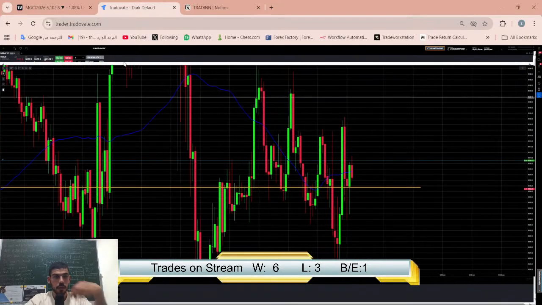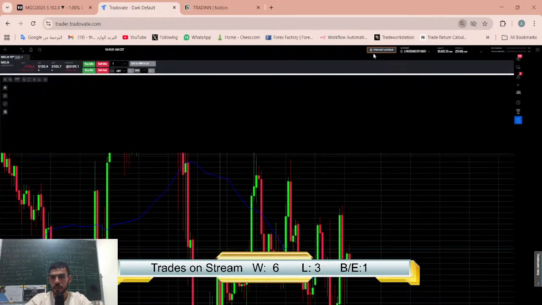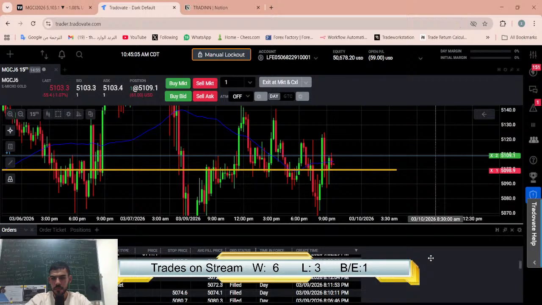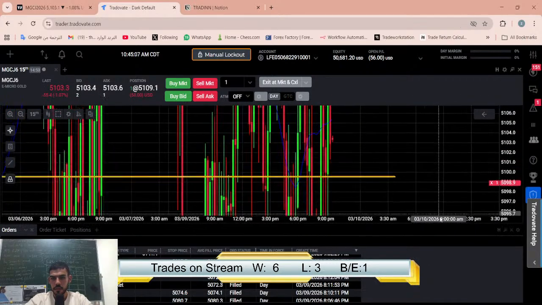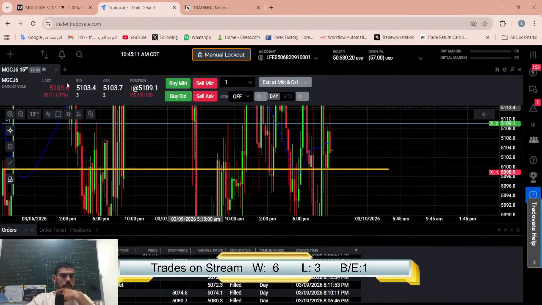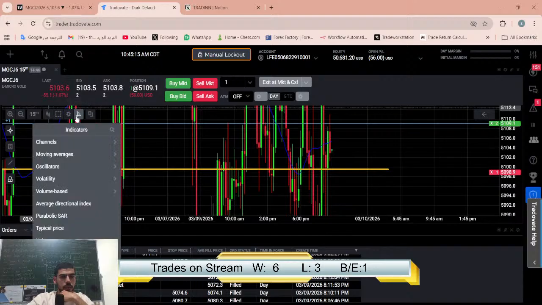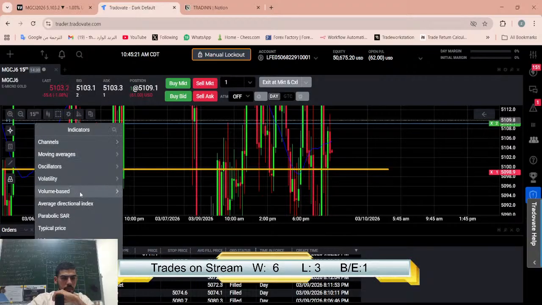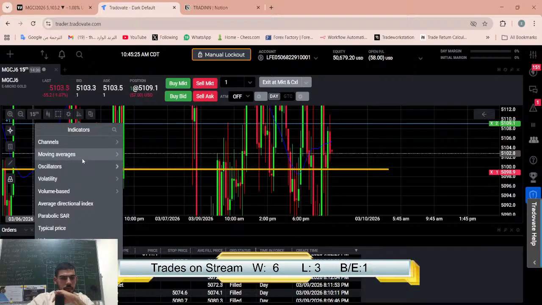Okay, so that doesn't look good at all. Reset. All right. Created the bearish candle. Where can we find this indicator? I don't know actually how to find it now.